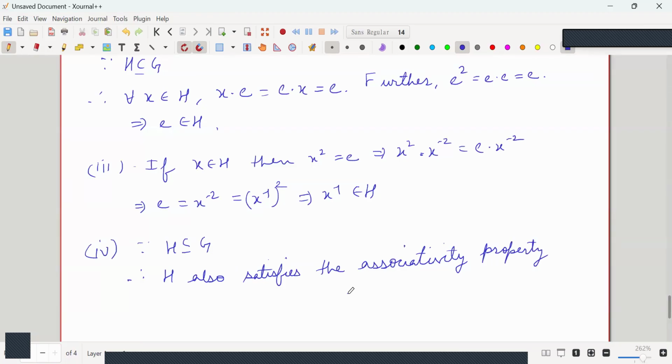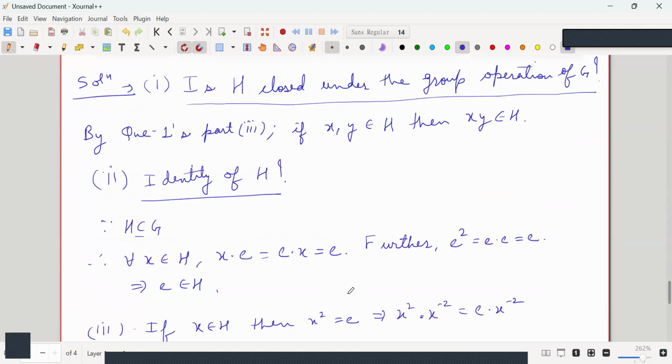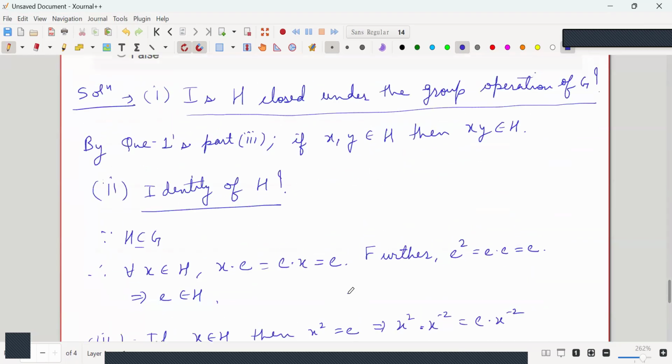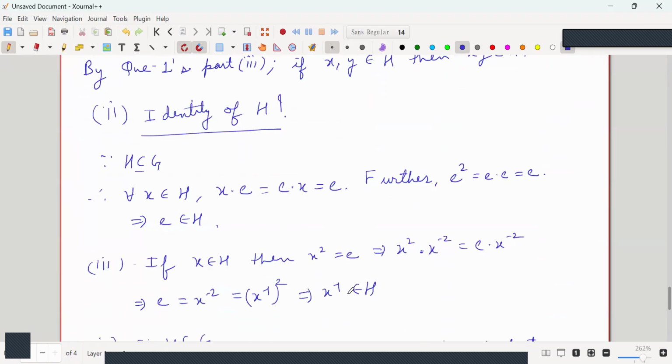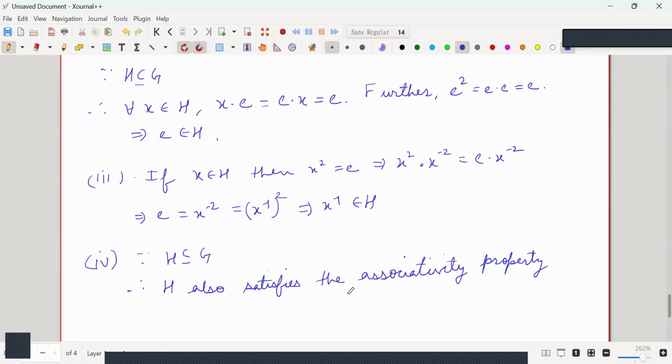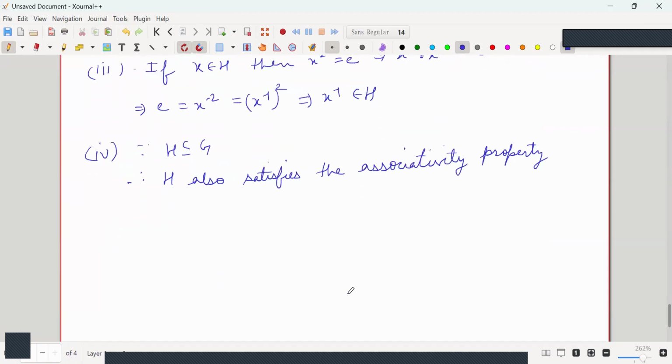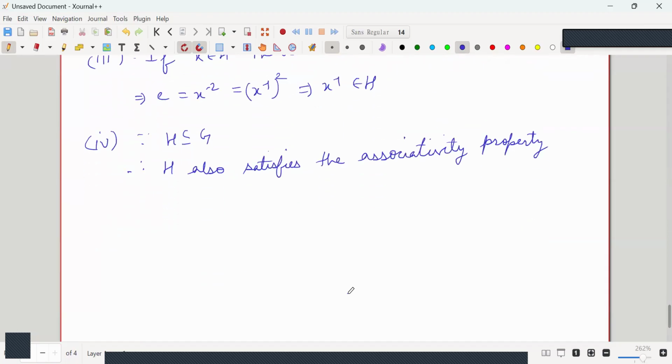And since H is satisfying all these properties, H is closed under the group operation. Identity of H is there. For each element in H, X inverse is also there. And H is also satisfying the associative property. So this implies H is a group, and in particular, it is a subgroup of G.